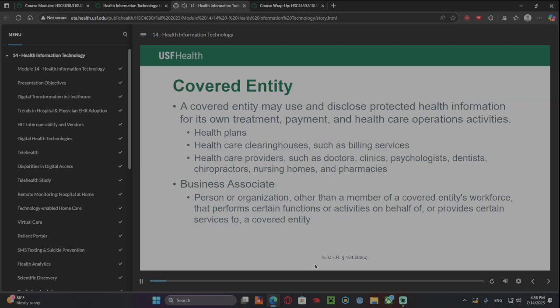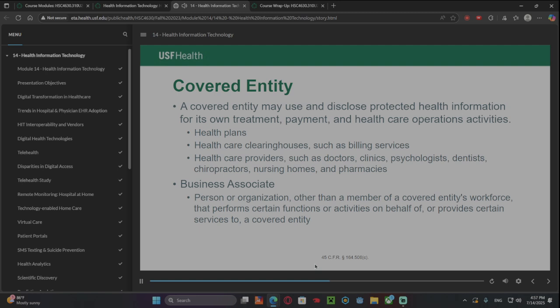According to regulation, HIPAA applies to what's called a covered entity. A covered entity may use and disclose protected health information for treatment, payment, and healthcare operations and activities. This includes organizations like health plans, healthcare clearinghouses such as billing services, and healthcare providers such as doctors, clinics, psychologists, dentists, chiropractors, nursing homes, and pharmacies.